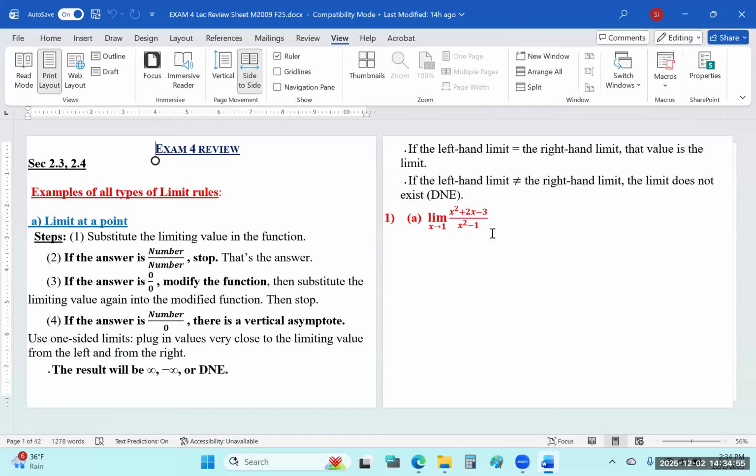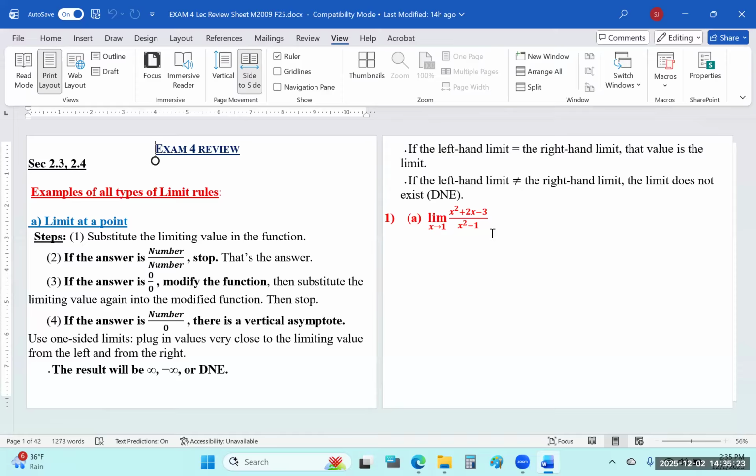And then based on the outcome, you take different steps. Once you substitute, if you get a number over number, then you stop, and that's your answer. But if you get something like 0 over 0, then you have to modify your function based on what type of function you have. Most of the time, you just factor, cancel, and then resubstitute the limiting value again.